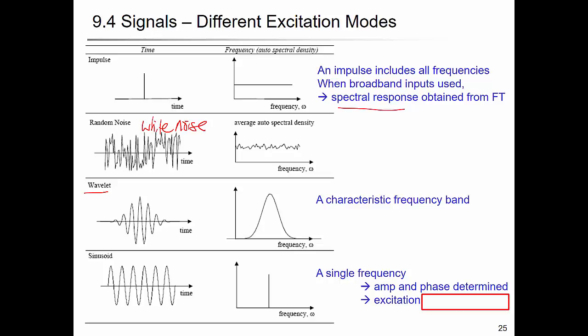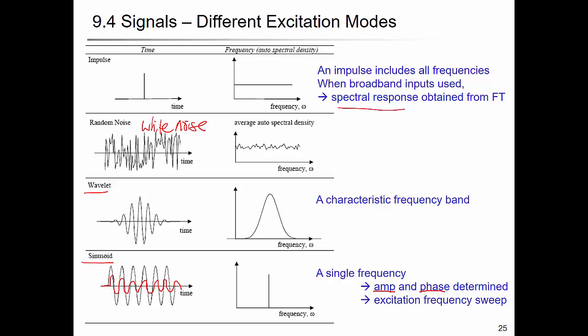When you apply a sinusoid signal, for example a sine signal, it's just a single frequency excitation. From the single frequency excitation, if your response is shifted and decreased, then you can identify the amplitude and also the phase angle from the phase shift.